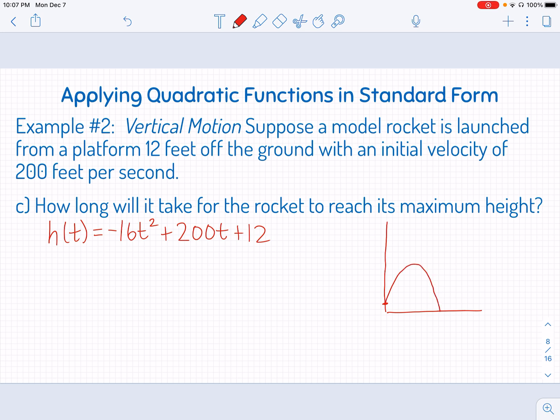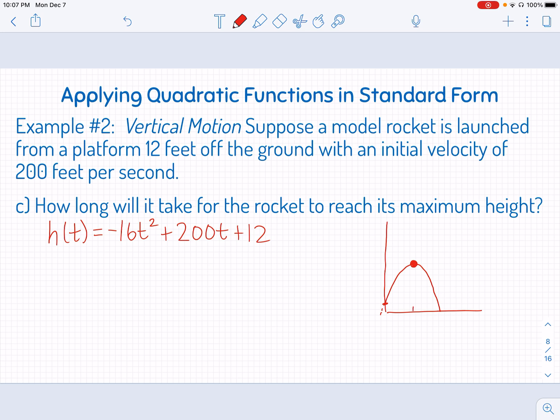Because this is a quadratic, it's going to be symmetric in nature, but part of it might be off the graph, like in this one. So don't just say, oh, under the ground, and divide by 2. It's not always even like that if you have a launching value greater than 0. So we want to know what this point here is.